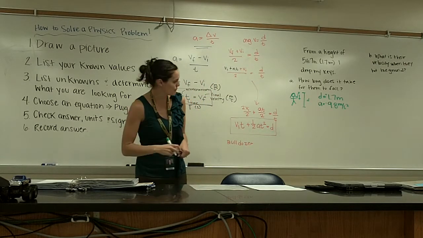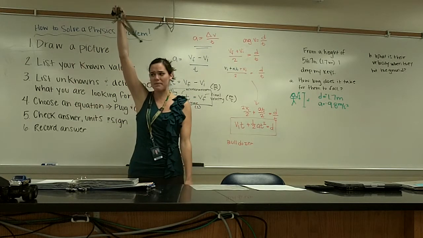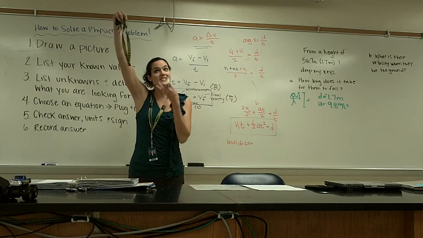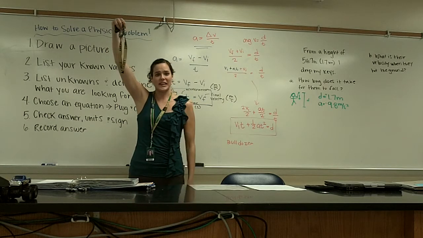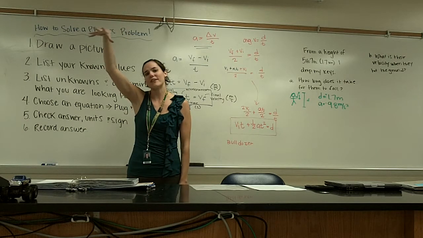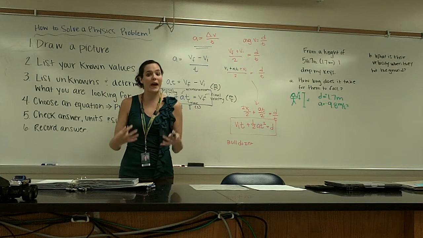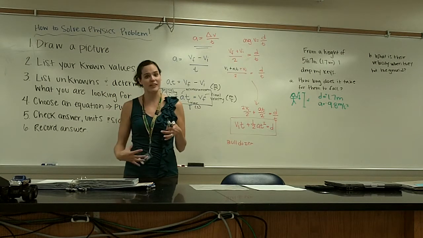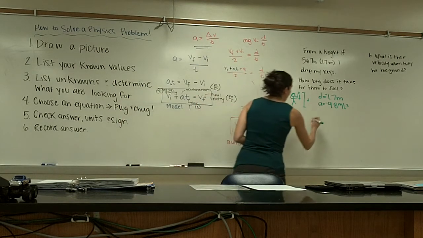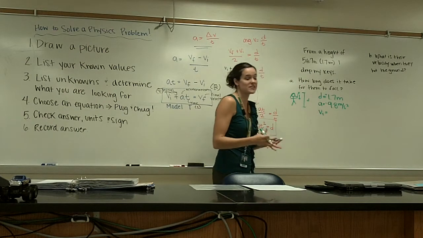So it's negative, okay? Also, I dropped the keys. What is the very starting velocity here? The split second it leaves my fingers, it really didn't start with any velocity. It wasn't until gravity started pulling on it that it got velocity. So we can say that my starting velocity, my initial velocity, is equal to 0.